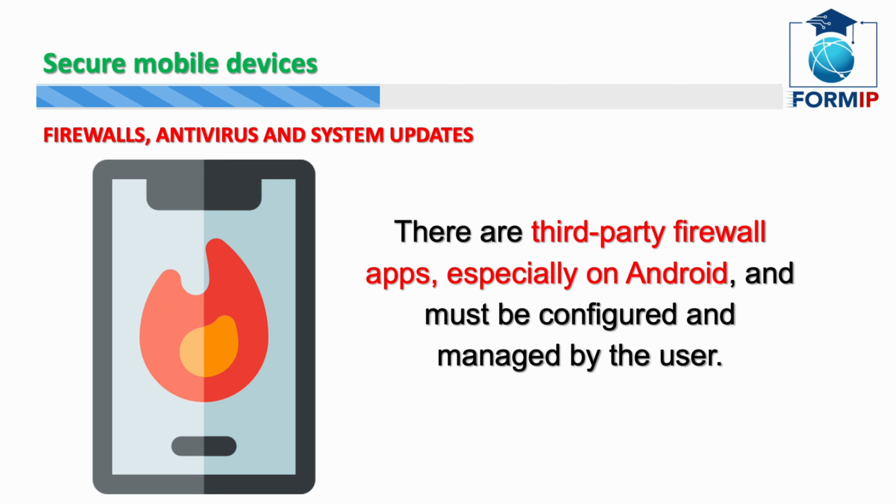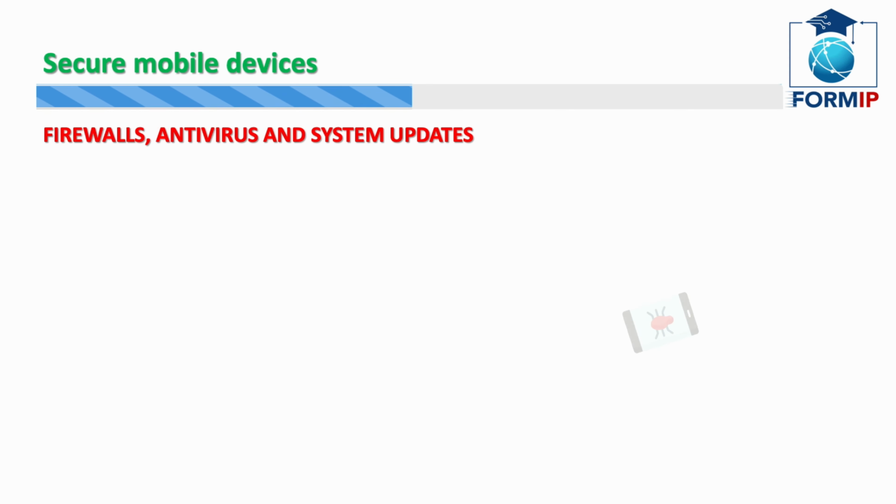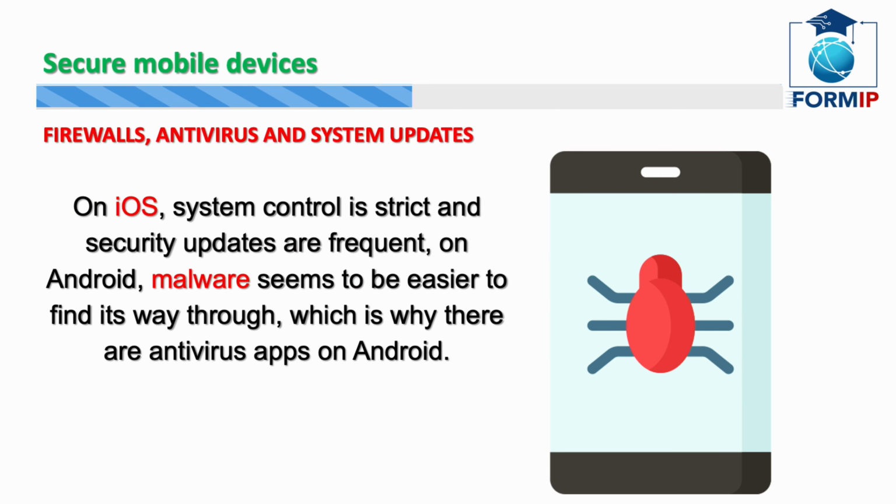In the same way, mobiles usually don't include antivirus in their default configurations. Although on iOS the system is tight and security updates are frequent, on Android, malware seems to be easier to find its way through, and that's why there are antivirus apps on Android.